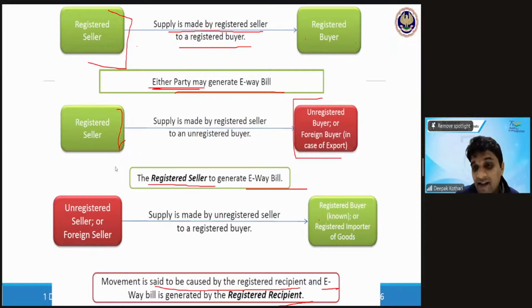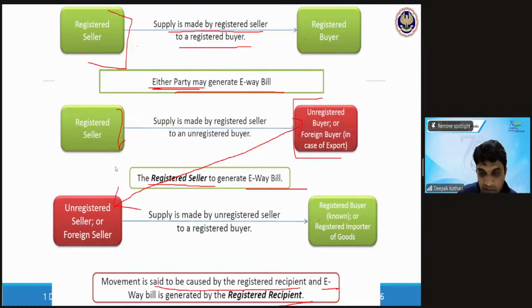If both supplier and recipient are unregistered, then who will raise? That's a good question, the next question I was asking. That combination I have not put, that is, from an unregistered seller to an unregistered buyer, who will raise the e-way bill?